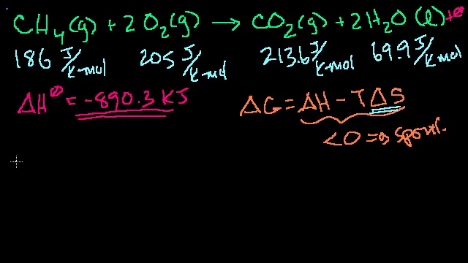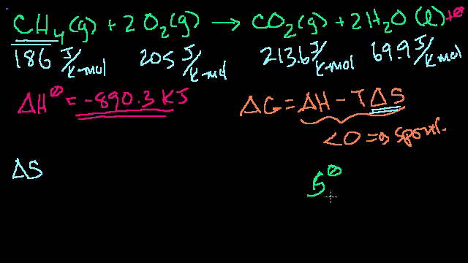Our delta S. And to help figure out the delta S, I, ahead of time, looked up the standard molar entropies for each of these molecules. So for example, the standard molar entropy, and this is just a notation, you put a little naught symbol there.